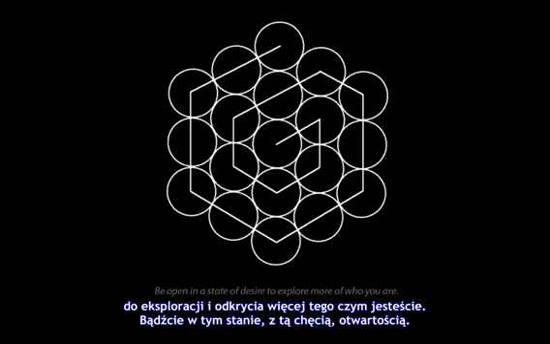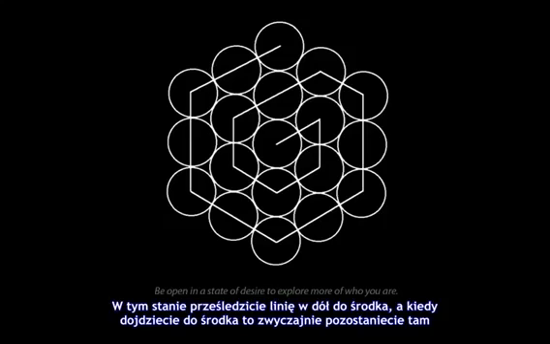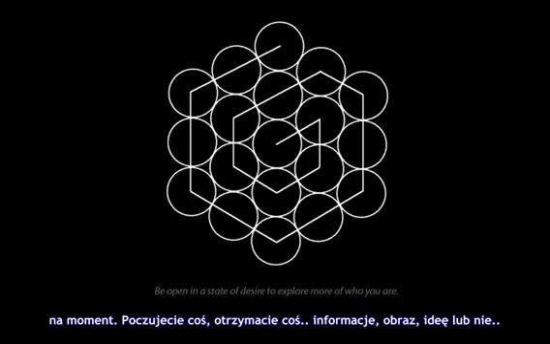Just in that state of being, that willingness, that openness. In that state, you will then trace the line down with your eyes all the way to the center. When you get to the center, you will simply remain there for a moment.